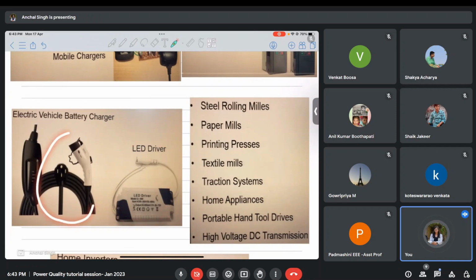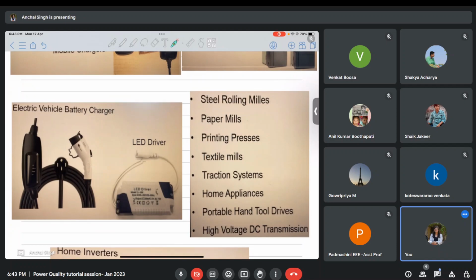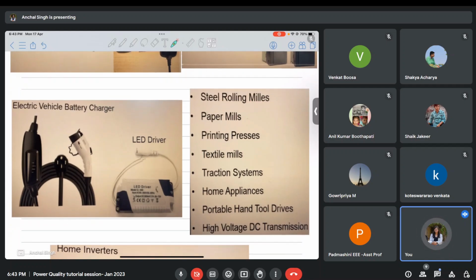Electric vehicle battery chargers contain converters, and so do the equipment used in steel rolling mills, paper mills, printing presses, textile mills, and traction systems. Traction systems means our railways, our metros. Then the home appliances that we have. Almost everything around us is electronic in nature, and they have a front-end power electronic converter. So all those home appliances have AC/DC converters, and portable hand tool drives.